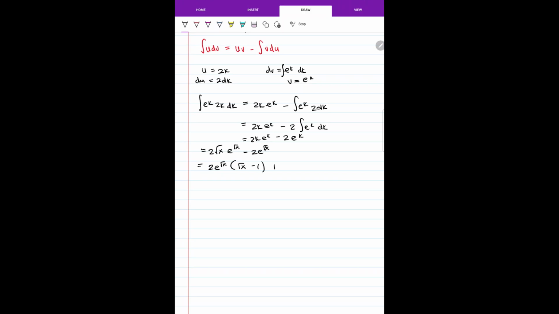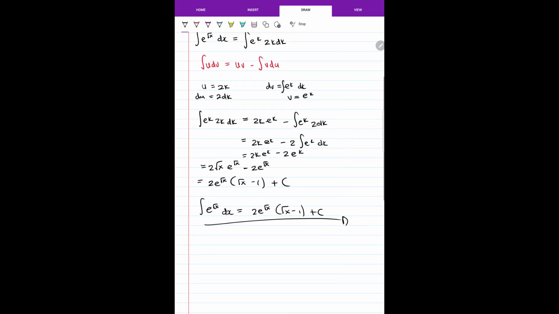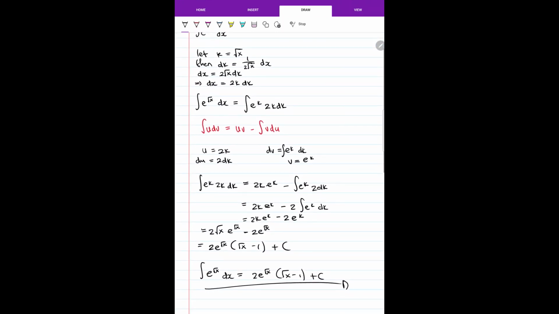And we are done, so we can add our plus c. Finally, we can conclude that the integral of e to the root x dx is equal to 2 e to the root x times root x minus 1 plus c. This is our final answer. And if you need the whole solution, this is the whole solution.